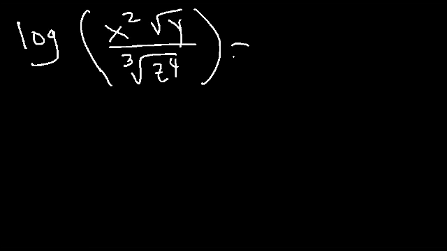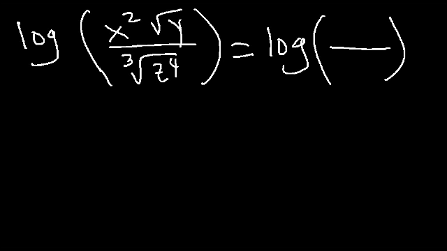The first thing I would do is convert the radical expressions into exponents. The square root of y is y to the 1/2. The cube root of z to the 4th is z to the 4/3. So now we can expand the expression.